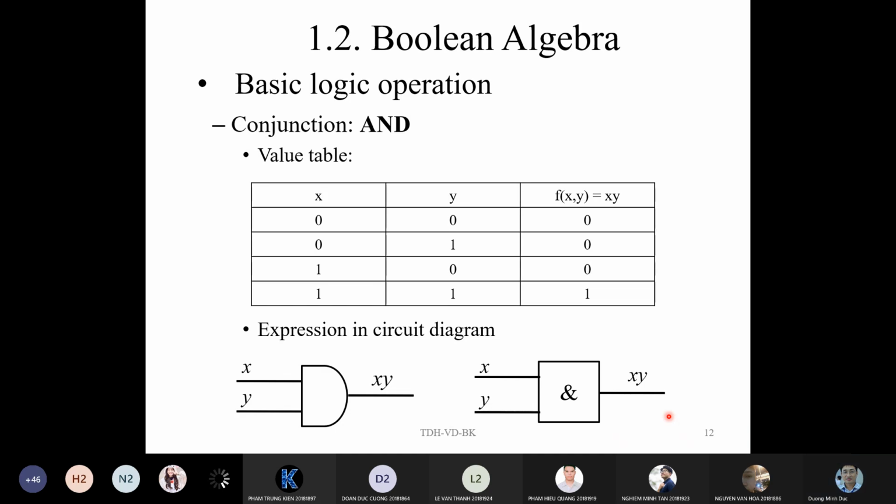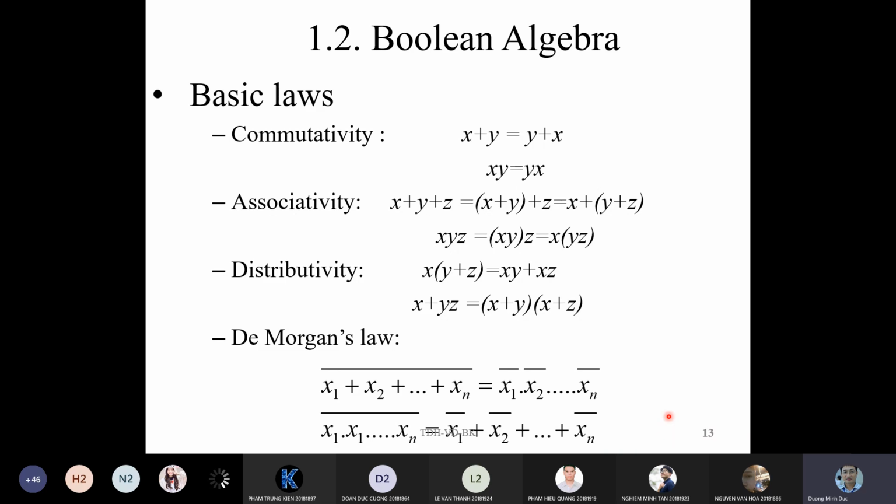Okay, very simple but very useful. And next we will go to the basic laws of Boolean algebra.